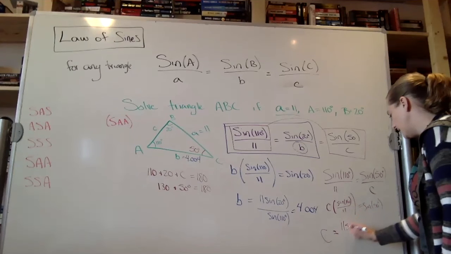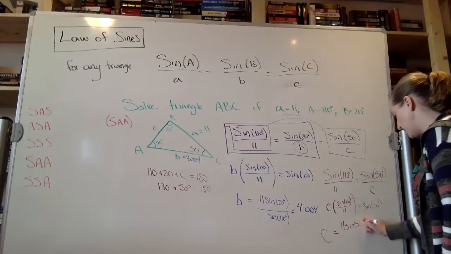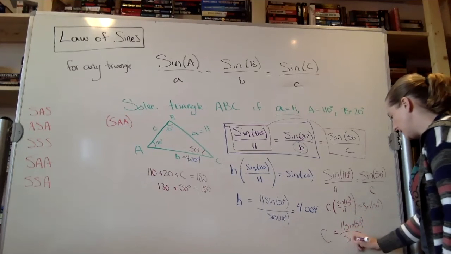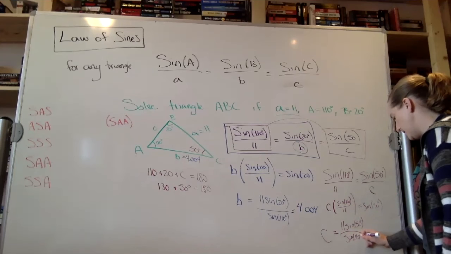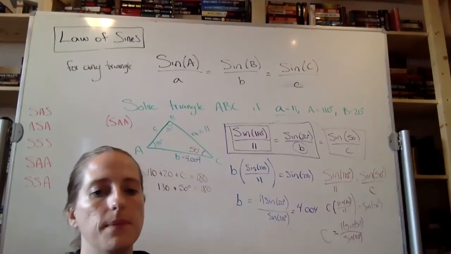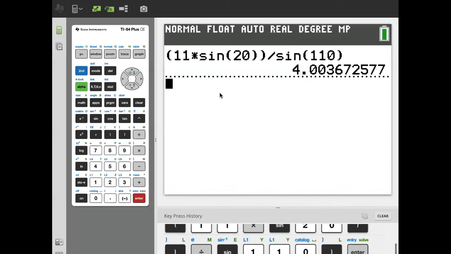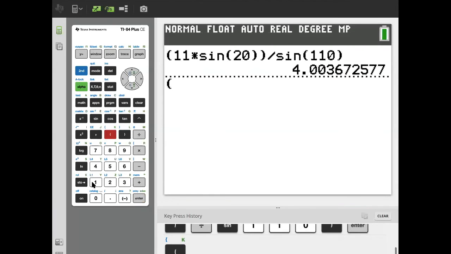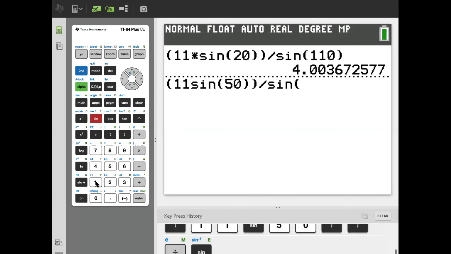So I'll have 11 sine of 50 degrees divided by sine of 110 degrees. And again, let's go ahead and together put that in our calculator. So we'll have 11 sine of 50 divided by sine of 110.